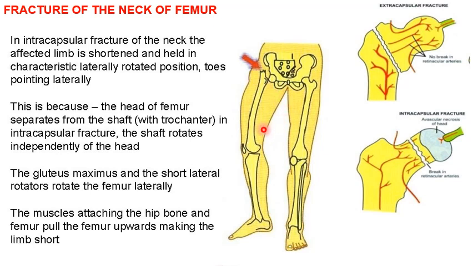So the gluteus maximus and the short lateral rotators will rotate the femur laterally. The muscles that are attached to the hip bone and femur pull the femur upwards, making the limb short. That is the reason whenever there is fracture of neck of the femur, the patient presents with shortening of the limb and lateral rotation of the foot.